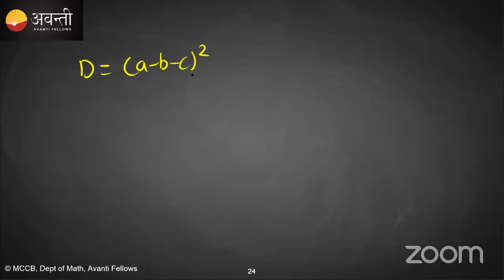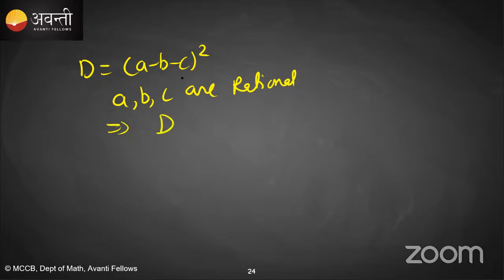And you know a, b, c are rational. It implies a, b, c are real. So it means D is greater than or equal to 0.